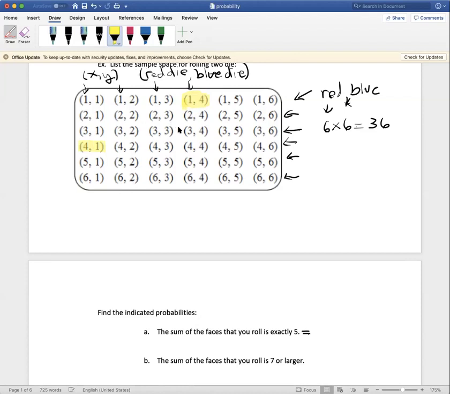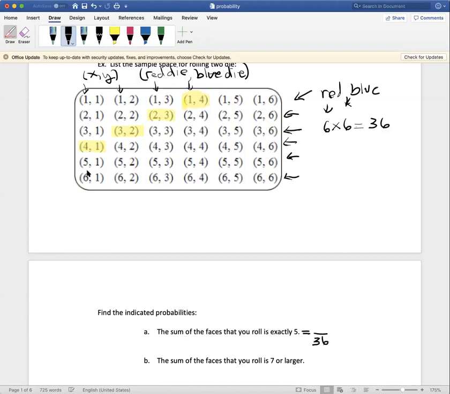Okay, are there any other possibilities for when we roll them together, the sum of the faces would give us 5? I'm going to let you guys think about it for a second. There we go. 2 3 and 3 2. So if you sum these up, if you take a look at how many we have, well, we know our denominator is going to be 36, right?